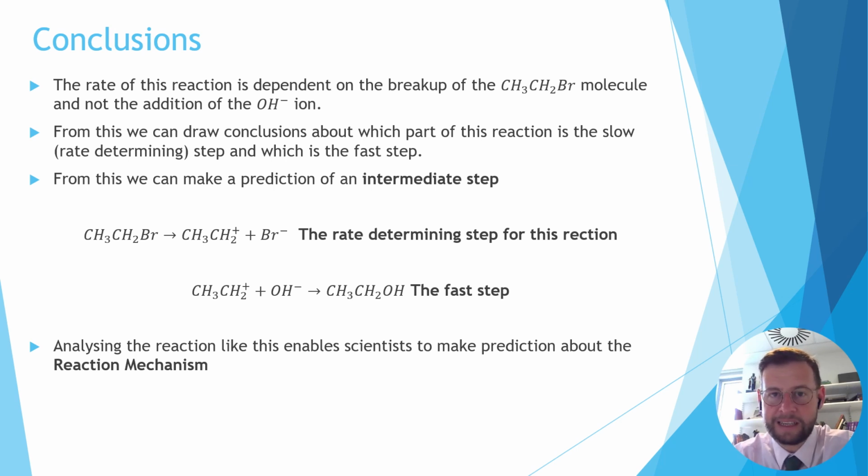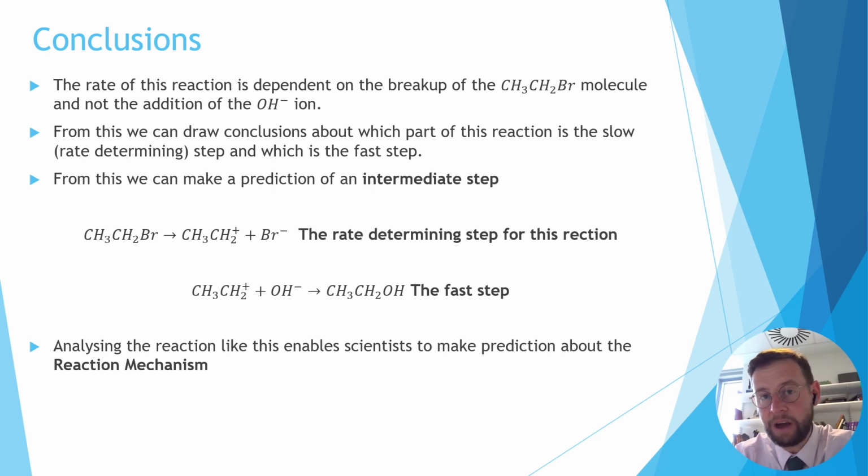Now that means that there must be an intermediate step. It must mean in the process of that substitution, it doesn't just happen in one go. What first needs to happen is the bromide ion needs to separate before the hydroxide ion comes and joins along.